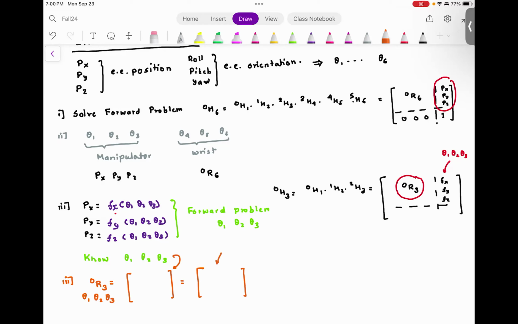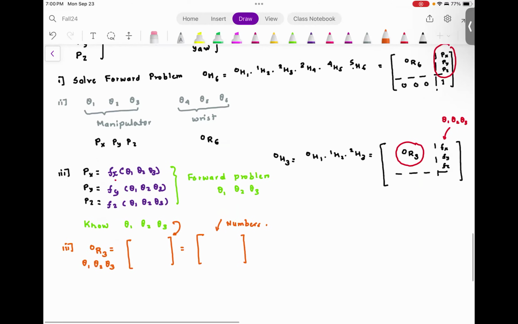And it would be like 0, 0.1, 0.2, whatever that it may be. But if you look in homogeneous transformation, 0R3 is expressed as the function of theta 1, theta 2, and theta 3. Here, you would substitute theta 1, theta 2, theta 3 and get this matrix in numbers. Everyone understood this?